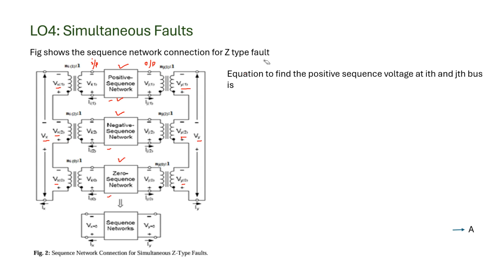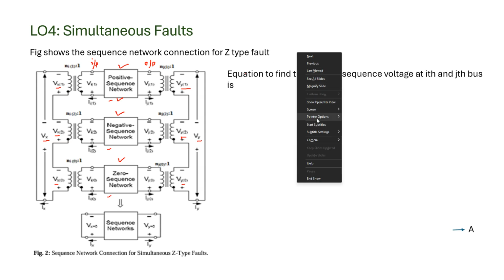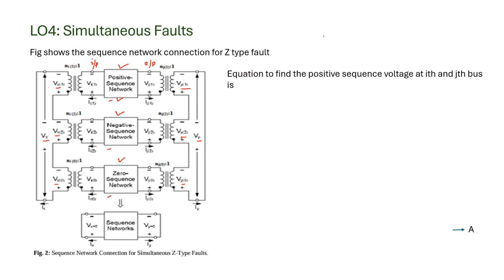Okay. Now let us write some set of equations, starting with the first one. The equation to find the positive sequence voltage at the ith and jth bus: what I'm doing is finding this voltage and this voltage.